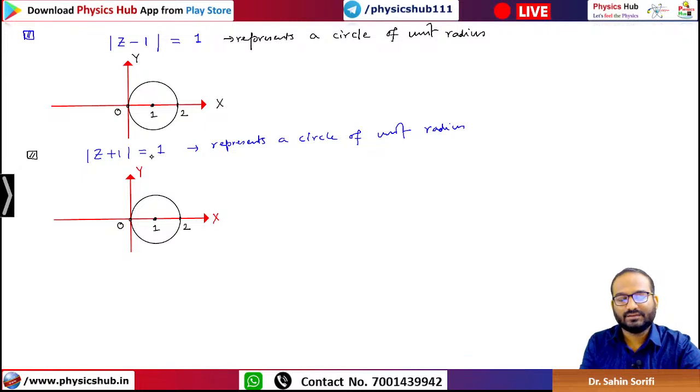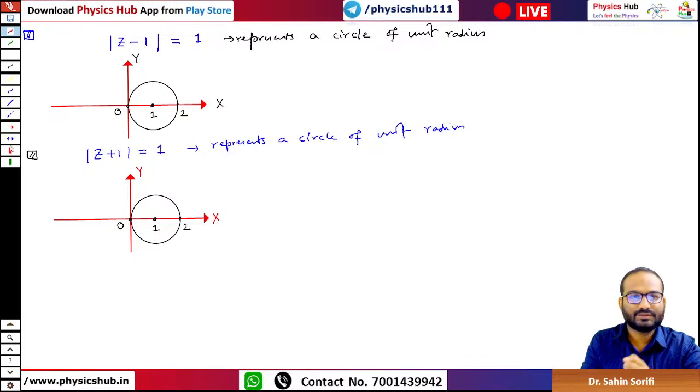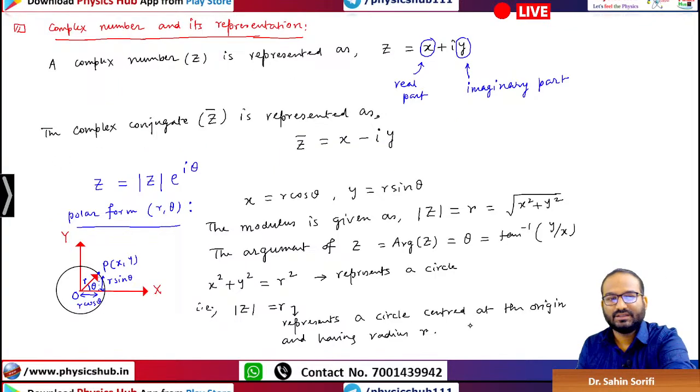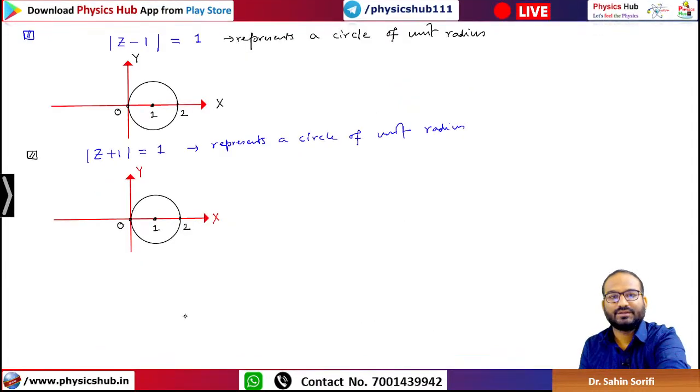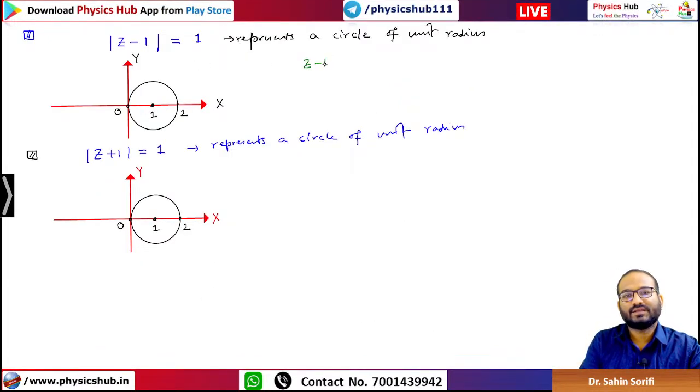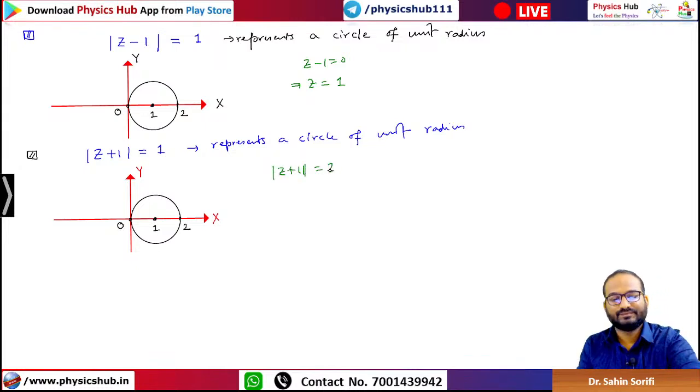Whatever is given to you, like z plus 1, you will make that equals to 0. Previously, with mod z equals to 1, z is equal to 0, you know, the origin lies at z equals to 0. For this, z minus 1 is there, so you will make z minus 1 equals to 0. So the center of the circle will lie at z equals to 1. For z plus 1, the center will lie at z equals to minus 1, right?